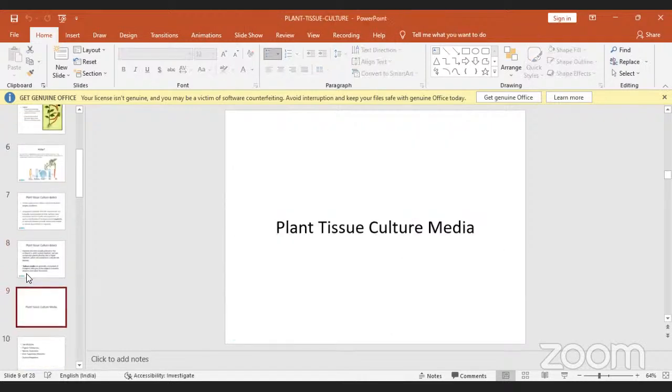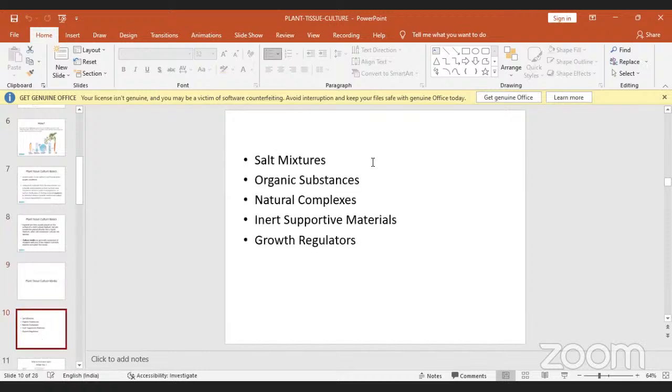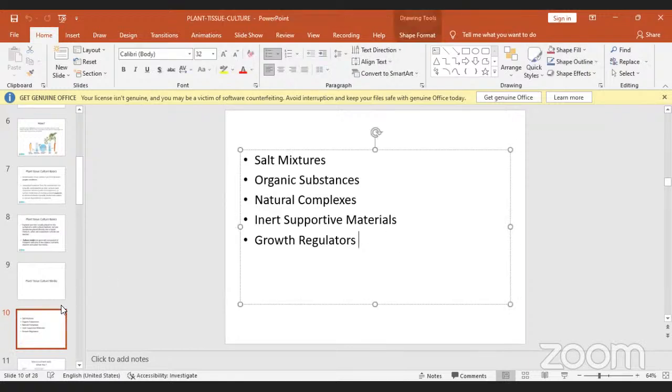So next we'll go to plant tissue culture media: salt mixtures, organic substances, natural complexes, inert supportive materials, and growth regulators. We will discuss them one by one.